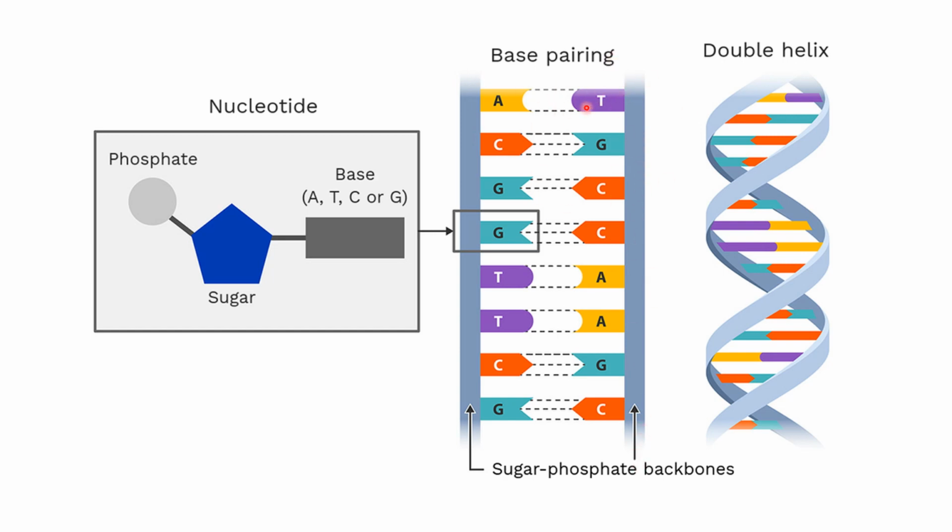The bases are bonded together to form a ladder-like structure, and this ladder-like structure is twisted together to form the DNA. When you untwist the DNA, we get a ladder-like structure like this, with a sugar phosphate backbone.